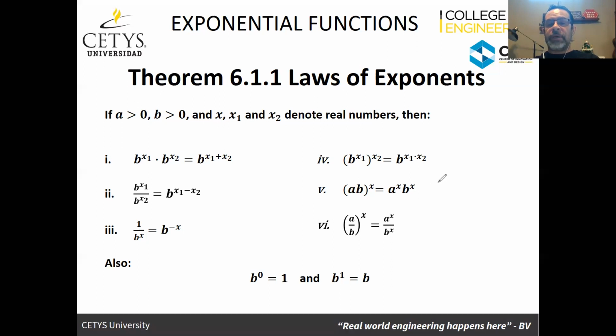So for example, if I have 2 multiplied by 3, which is 6, elevated to the power of 4, then this would be equal to 2 elevated to the power of 4 multiplied by 3 elevated to the power of 4. If we do that mathematical operation, we get exactly the same thing: 6 to the 4 is the same as 2 to the 4 multiplied by 3 to the 4.